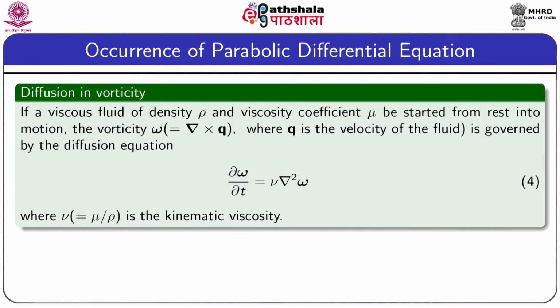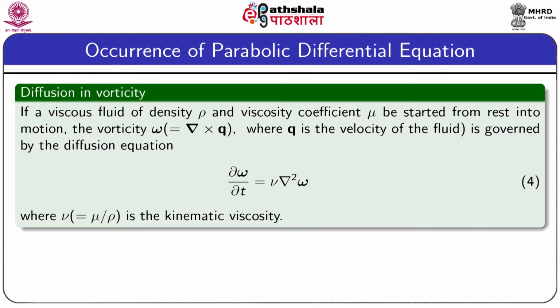This is another example which shows diffusion of vorticity. Suppose there is a viscous fluid of density rho and viscosity coefficient mu, and it starts from rest into motion. Then vorticity is defined as the curl of velocity. If q is the velocity of the fluid, then vorticity omega is defined as curl of q.